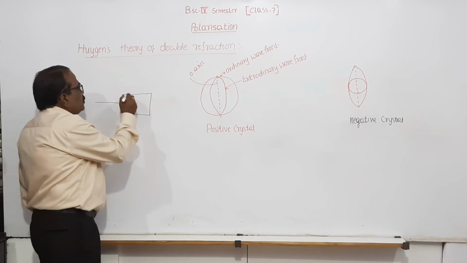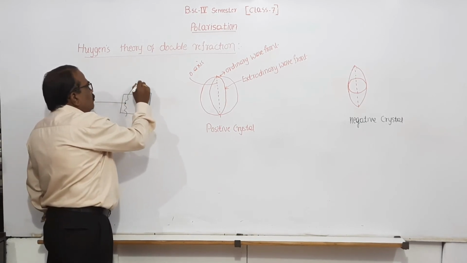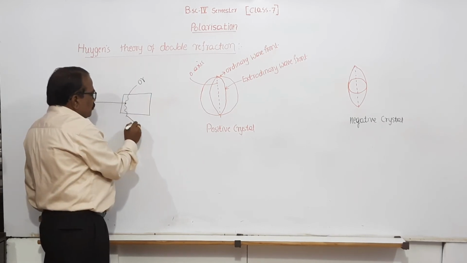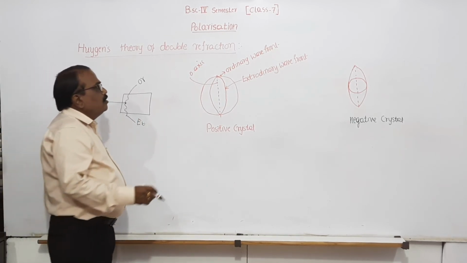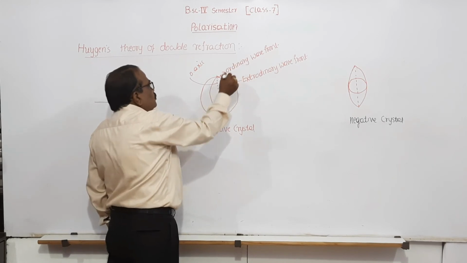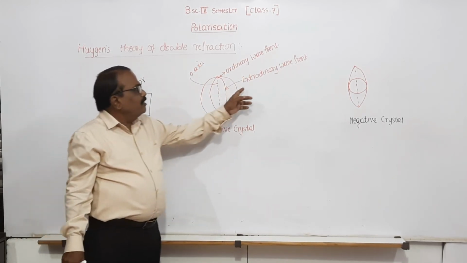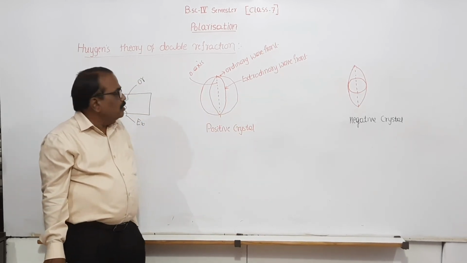One is known as the ordinary wavefront and the other is known as the extraordinary wavefront. Ordinary wavefront corresponds to the ordinary ray. Extraordinary wavefront corresponds to the extraordinary ray.